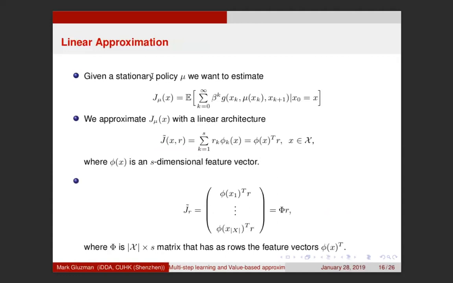So in this case, this estimation of the value function, tilde g r, is a vector, where each entry of this vector is an estimation of the value function for some specific initial state.